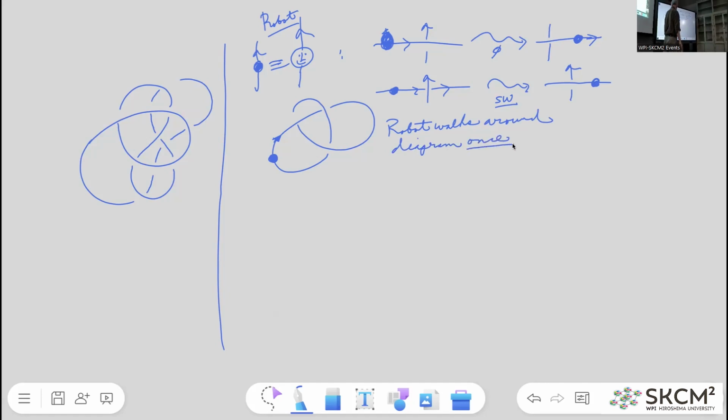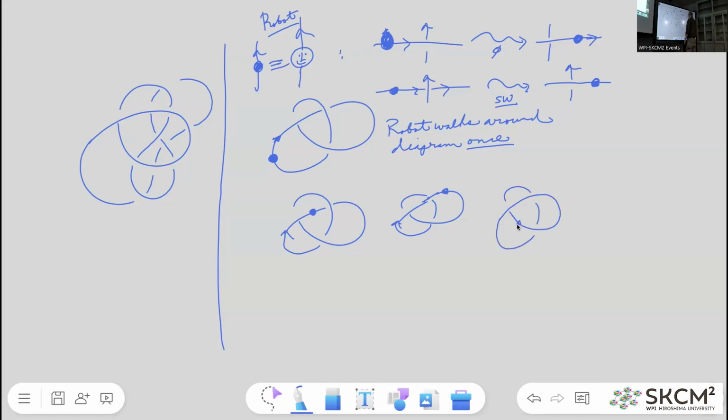Okay. So shall we do this? So the robot goes along this diagram, and the first step that he takes puts him here, and nothing happened because it was an overcrossing. Then he crosses the next one, and it's an undercrossing. So he's here, and this crossing got switched. But he's going to go all the way around the diagram. So the next time it's no effect.